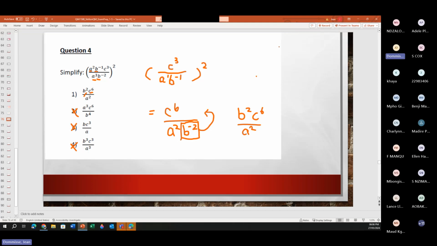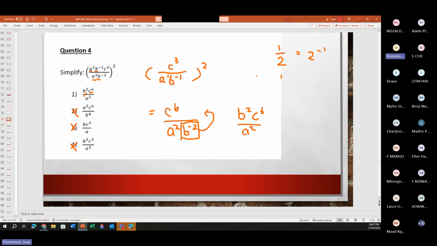Okay, so let's say 1 over 2. If we need to write it with something to the exponent, it would have been 2 to the power of minus 1.